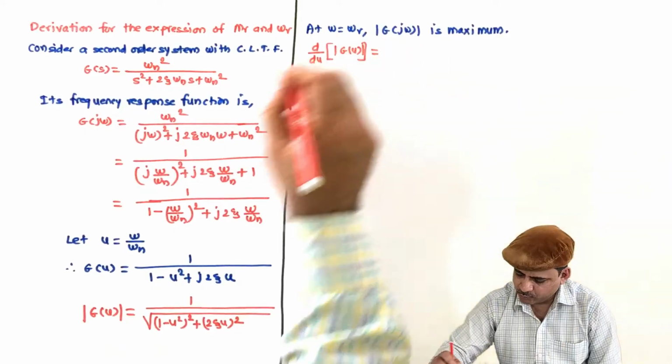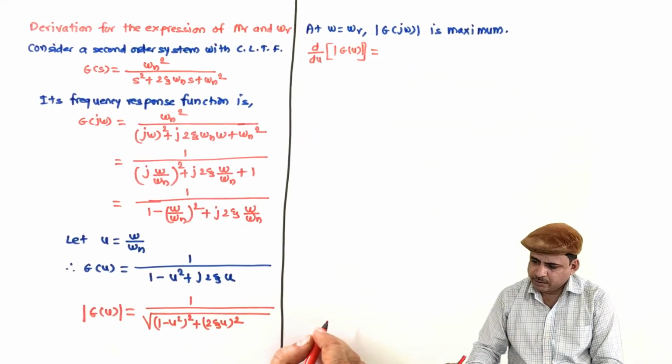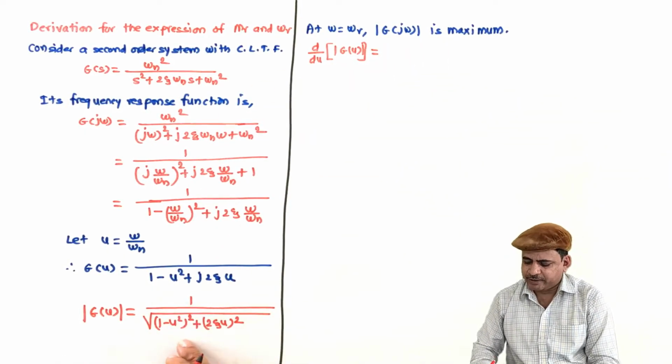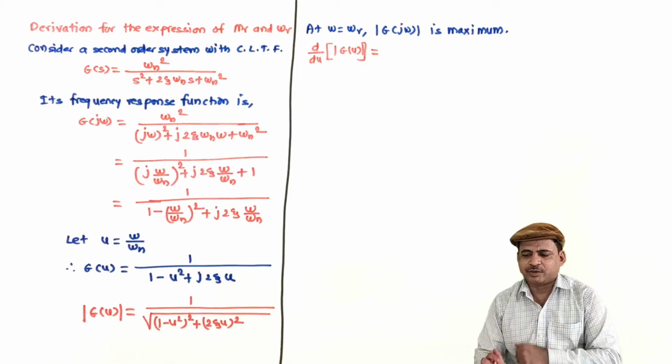And that will be equal to, this is in the denominator, so actually it is 1 minus u square whole square plus 2 zeta u whole square, whole raised to minus 1 by 2.